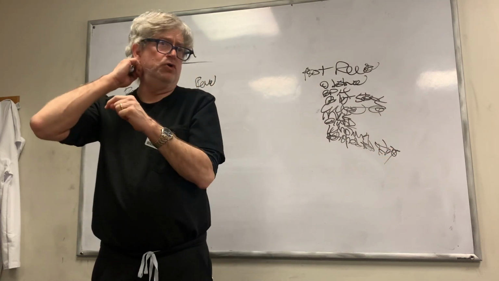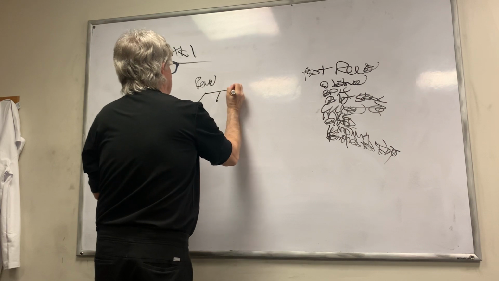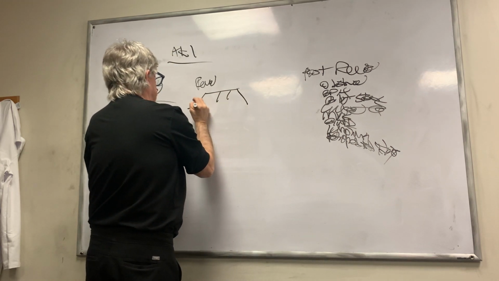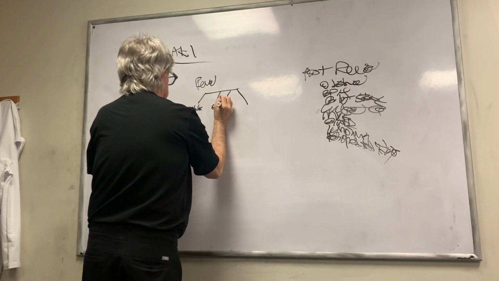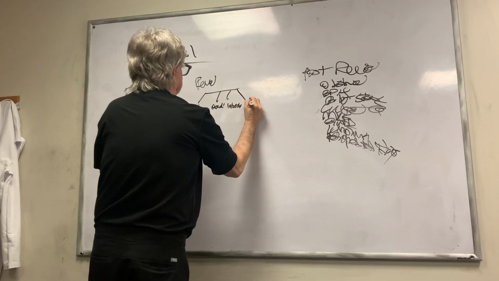And then you have renal. Now renal you could basically divide into 4 categories. You have the tubules, the glomeruli, the interstitium, and the vasculature.